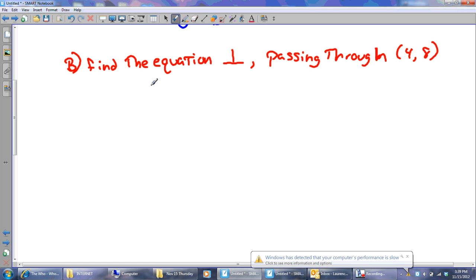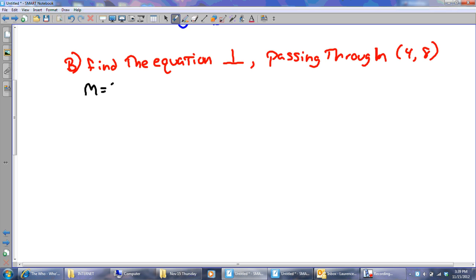So my slope of the original line was 2, right? My perpendicular slope is going to be negative 1/2. I have to consider 2 as a fraction, flip the fraction, and change the sign. So now I go to the equation y equals mx plus b. I know I have an x-coordinate and a y-coordinate.